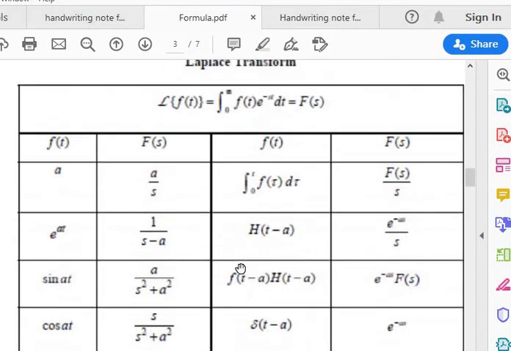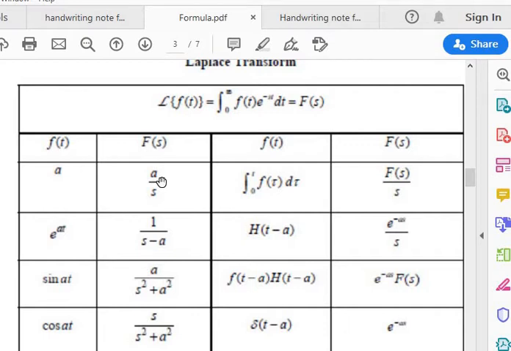So you can open up the Laplace transform table formula. So the Laplace transform of 3: if you check the table, f(t) is equal to a, so you will get a over s. That means you have 3 over s here.